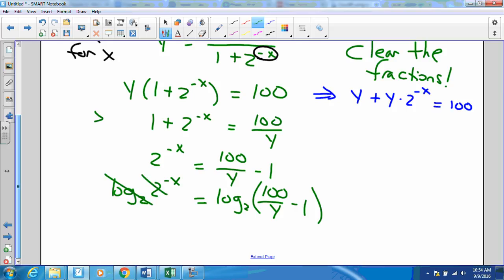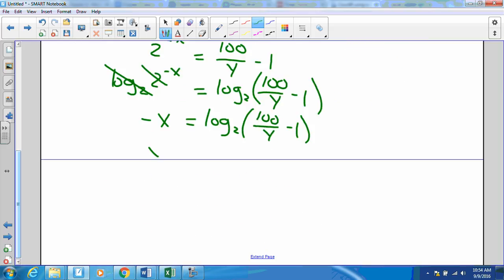On the left-hand side, these two cancel, giving me the opposite of x. Like so. And I'm just about there. I need to solve for x by multiplying both sides by -1.